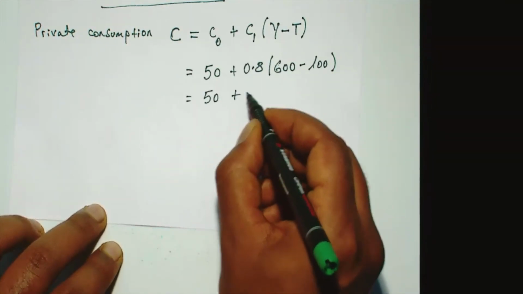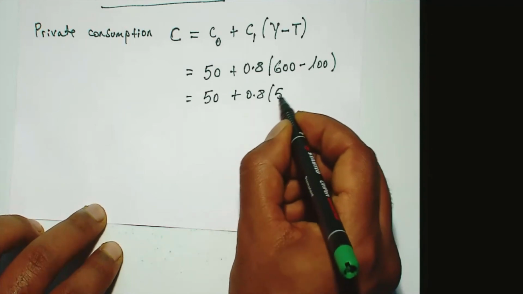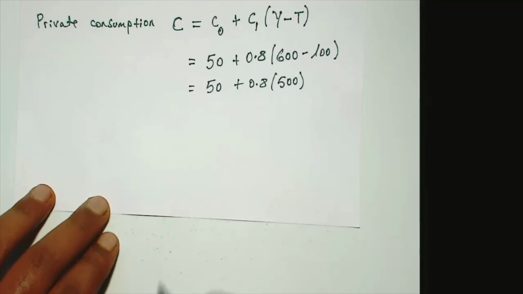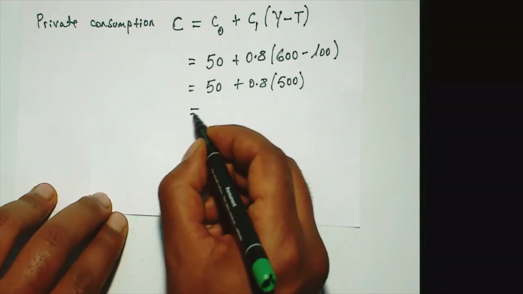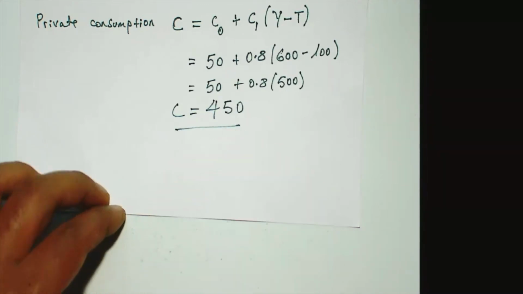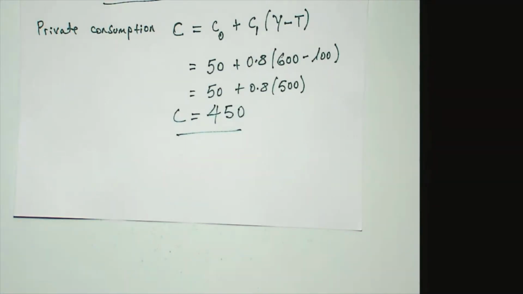So this gives me 50 + 0.8 multiplied by 500, and if you do the calculations, consumption is equal to 450.